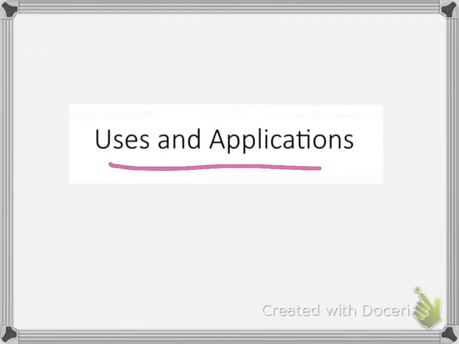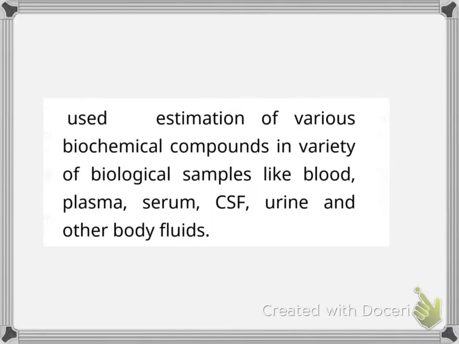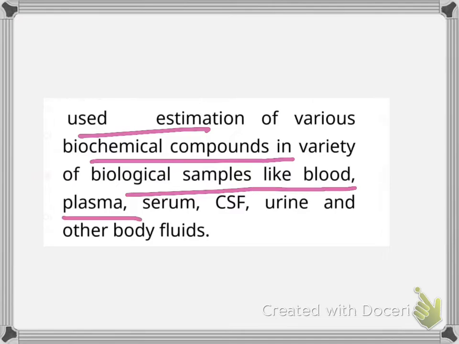Now coming to the uses and applications of colorimeter. In clinical laboratories, the colorimeter is used for the estimation of various biochemical compounds in biological samples like blood, plasma, serum, cerebrospinal fluid, urine and other body fluids.